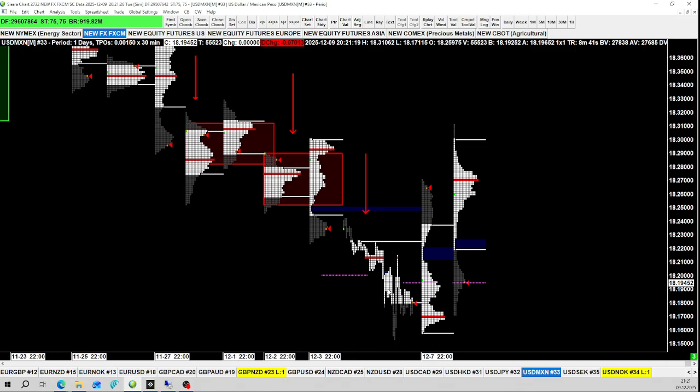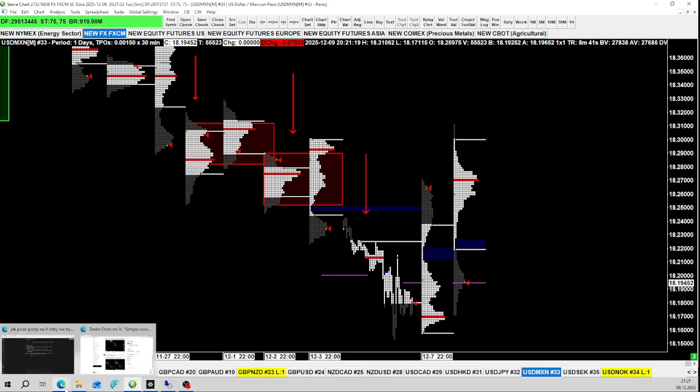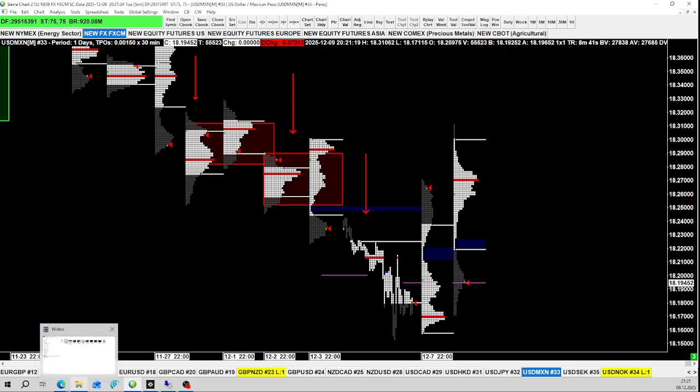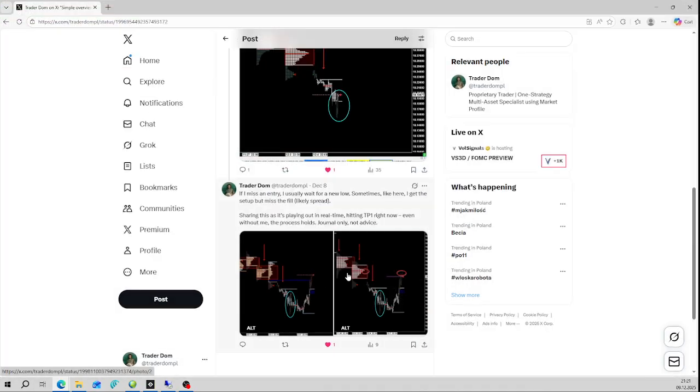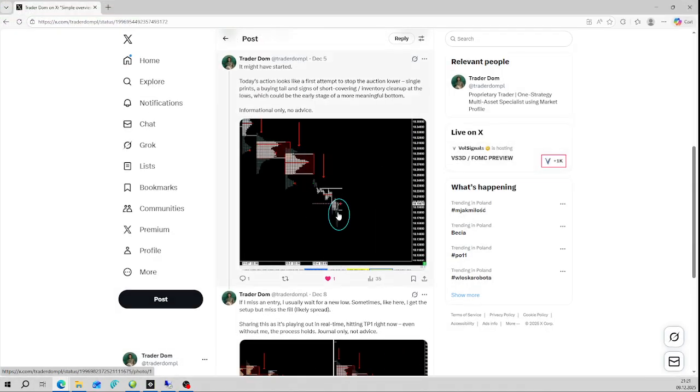I saw this already on Friday, and I mentioned this one. That was the very first hint or clue that the market gave me that it might be a good setup to risk.